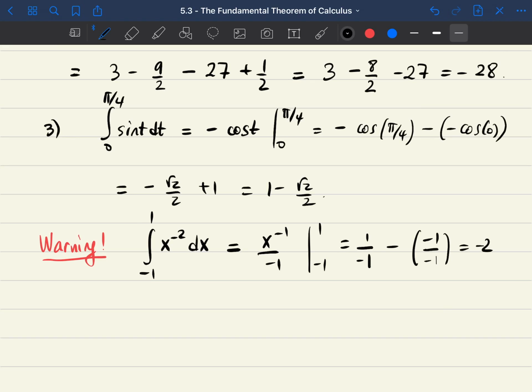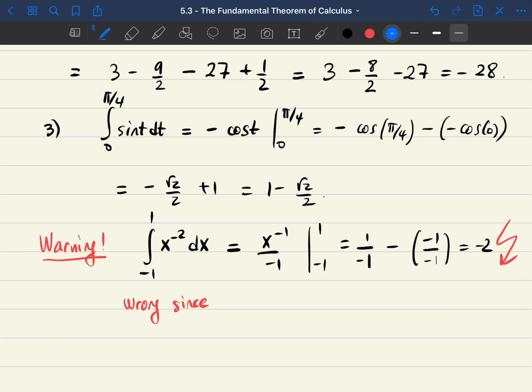While this is wrong, since the function 1 over x squared, or x to the -2, is not continuous at 0, and 0 is a point in the interval from -1 to 1.